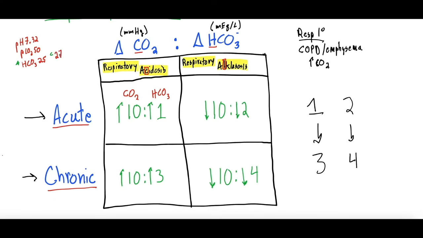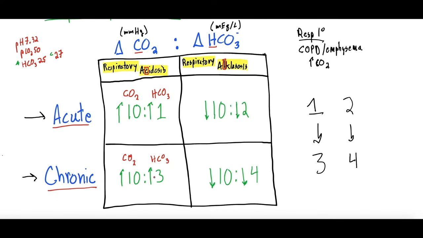So you'd expect the bicarb to be 27 from 24 for a chronic respiratory acidosis with metabolic compensation. All right? So this is the increase in carbon dioxide level compared to the increase in bicarb level.